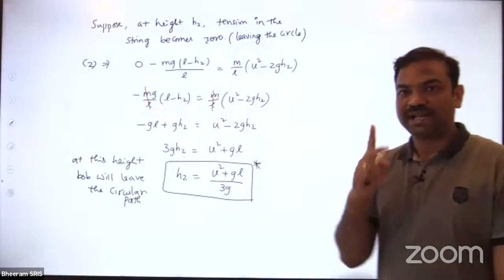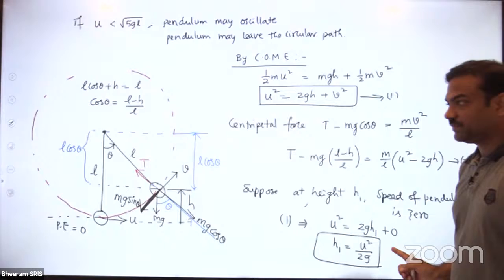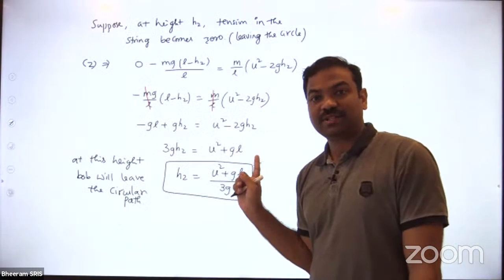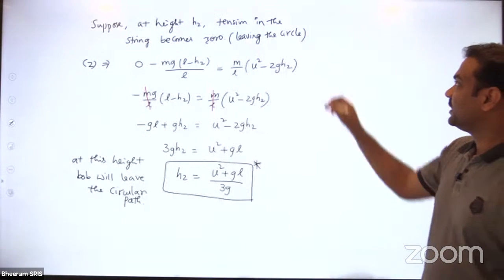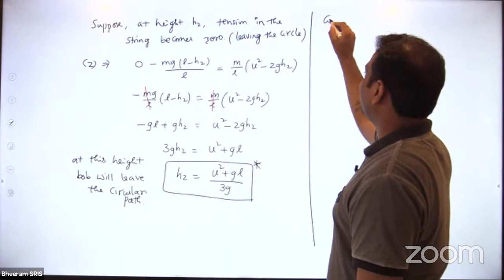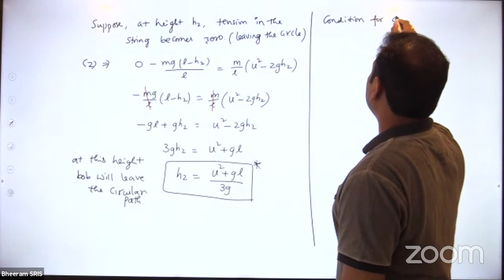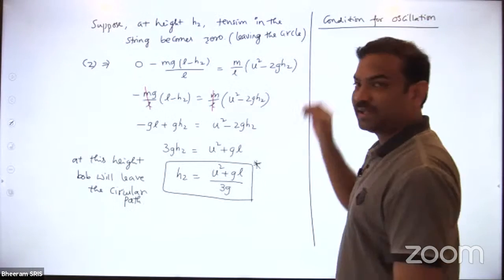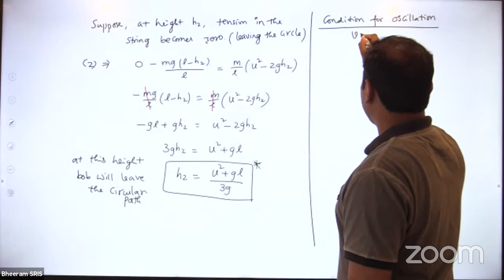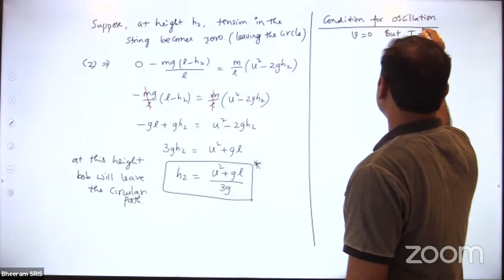So we got two heights. One is the height at which speed is zero. Second one is the height at which tension is zero. Clear? Now, what is the condition for oscillation? Tell me. Now you'll get it automatically. Condition for oscillation is speed should be zero, but not tension.